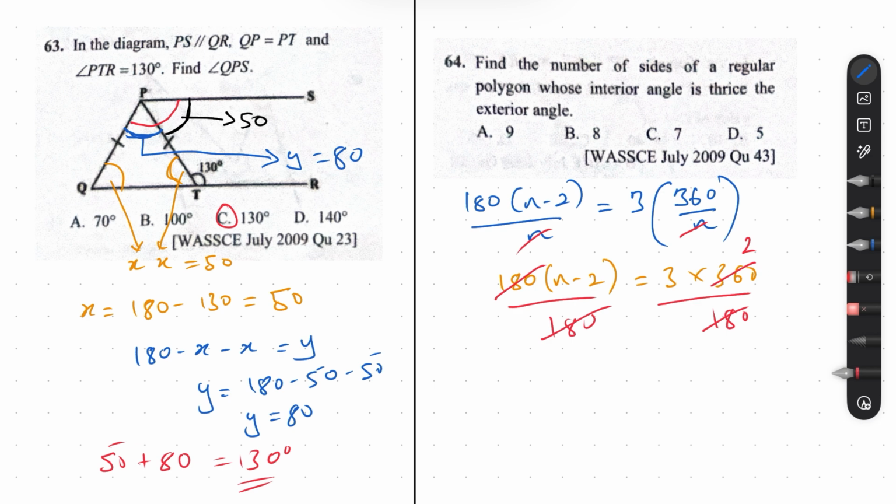So we'll be left with n minus 2 is equal to 3 times 2, so n minus 2 is equal to 6. Finally, we have n equal to 8. So the number of sides is 8, which is B.